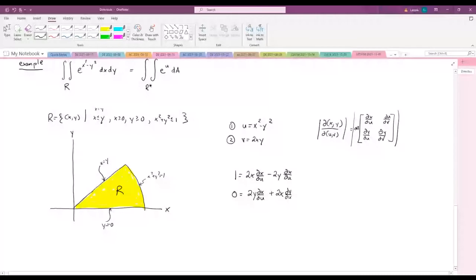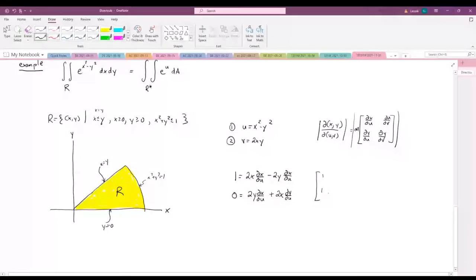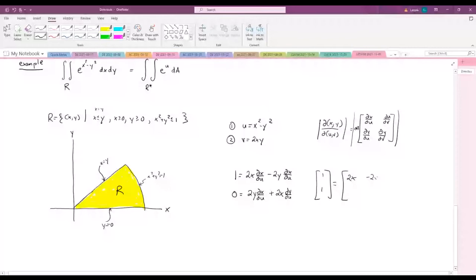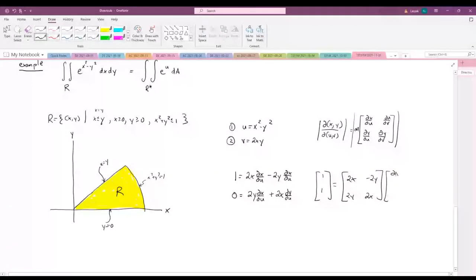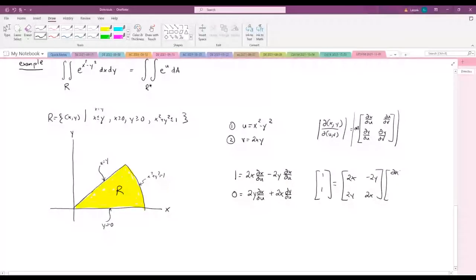Notice we can think of this as a matrix equation. Sorry, this should be the derivative of y with respect to this.